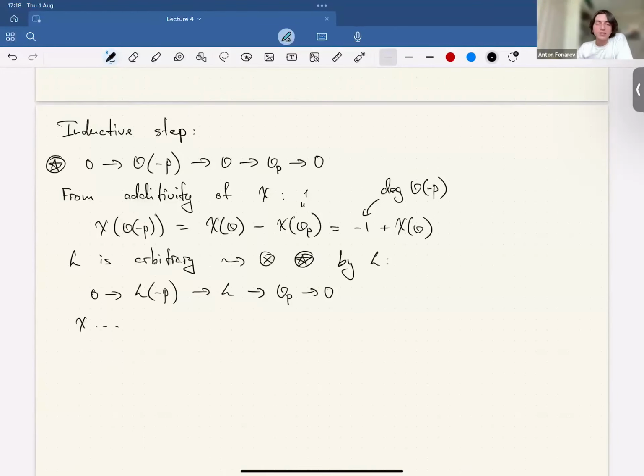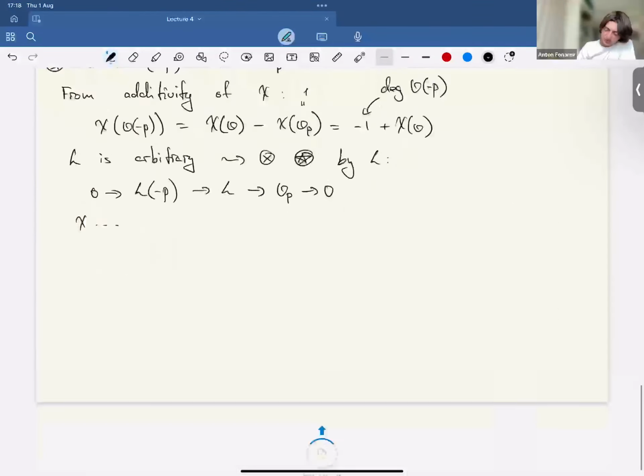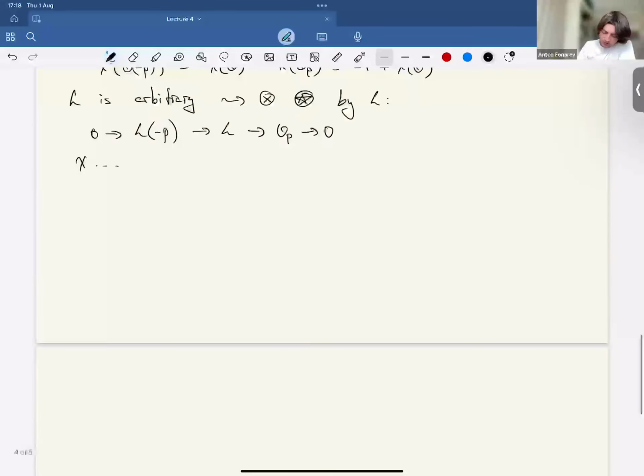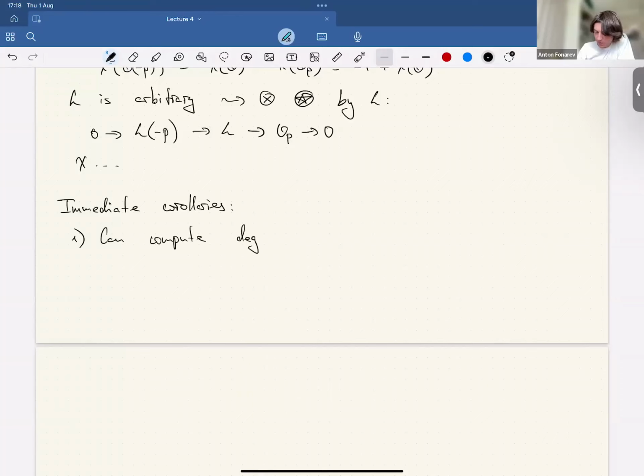Well, the formula is incredibly powerful because already you can deduce many, many things if you use Serre duality as well. So some immediate corollaries. Well, first, you can compute the degree of omega, the sheaf of differentials.